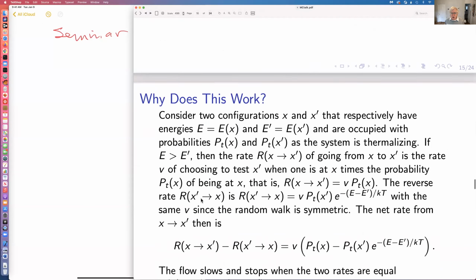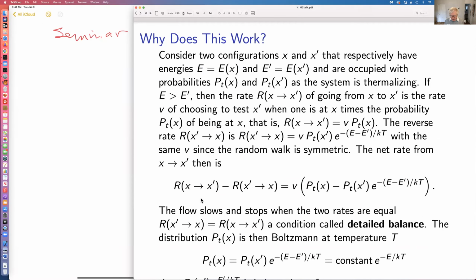So why does this work? And let me just say that what I have been implying, but should have stated at the beginning, is that the goal here is to find a sequence of configurations of the protein that the protein would assume at temperature T in its environment inside a cell.